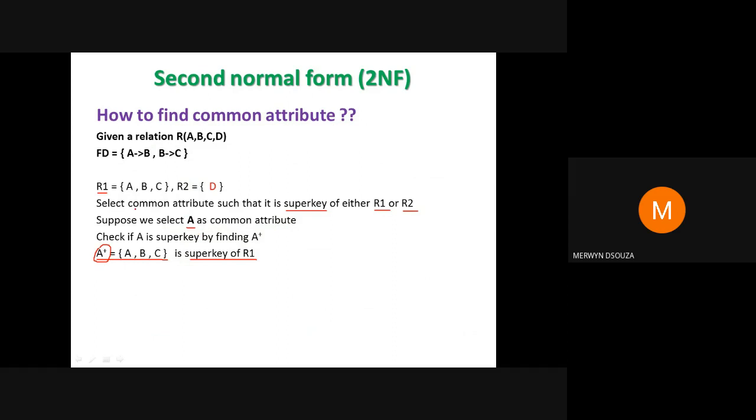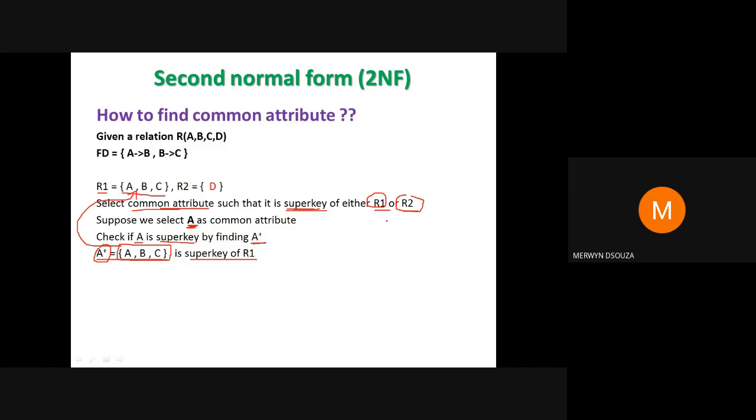We were supposed to find a common attribute such that it is a super key of either R1 or R2. We took A as a common attribute, just randomly, and we checked whether A is a super key by finding the A closure. When we found the A closure, we saw that A gives ABC, which is present here in R1.